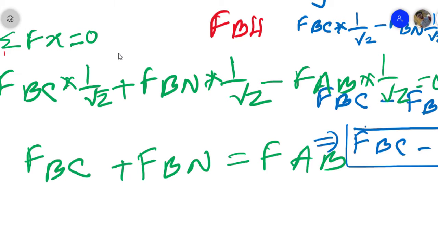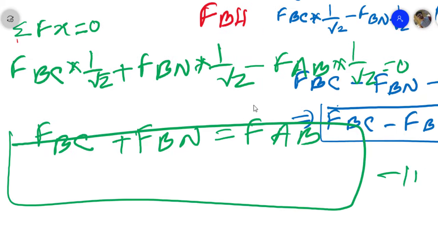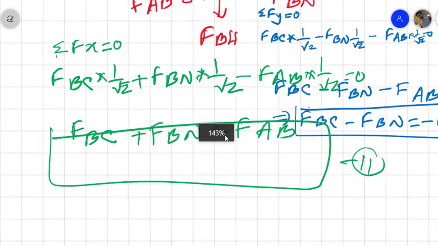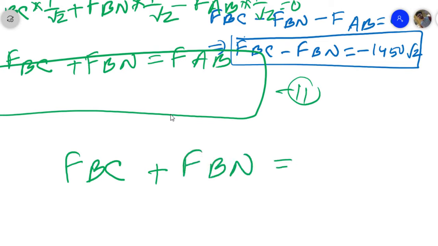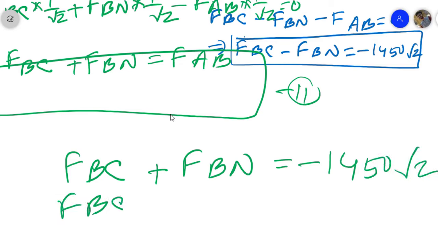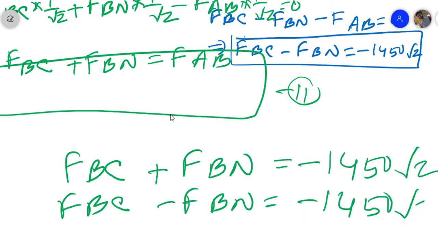Now we got two equations. This is equation 2. So now if you solve these two equations, what will you get? FBC plus FBN is equal to minus 1450 root 2. Again FBC minus FBN is equal to minus 1450 root 2.